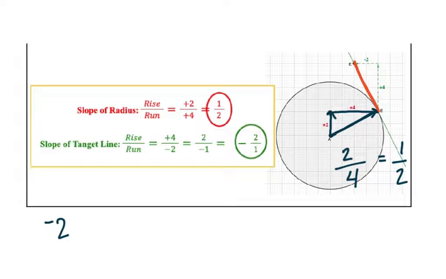Let's look at how much we rise. We're going to rise 4 units. And then what is our run? We go -2 units. So our slope is -2. So these are tangent to one another.